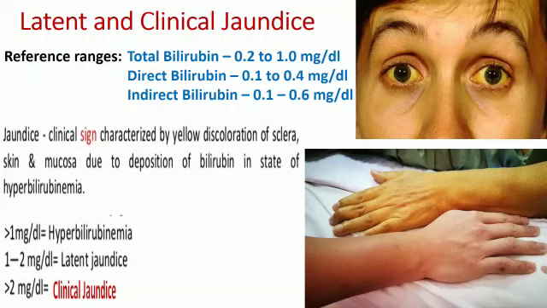And bilirubin more than 2 milligrams per deciliter is known as clinical jaundice. It is known as clinical jaundice because the yellow discoloration of the sclera, the skin and the mucosa are visible, and in latent jaundice this yellow discoloration is not visible.